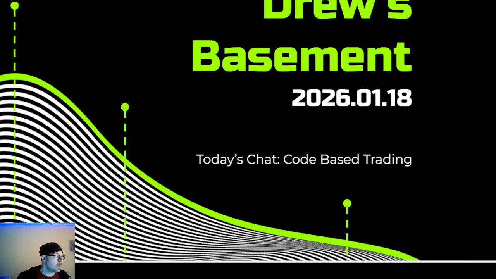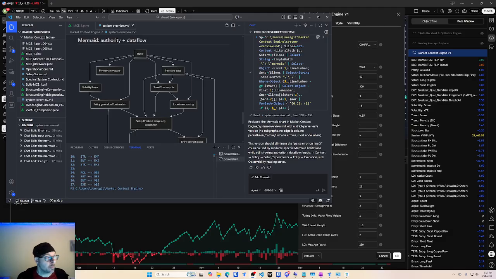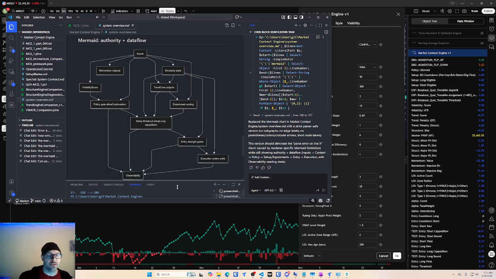With that being said, we're going to jump over to my main desktop, and I've got here in the main pane a general workflow. Like I said, I've been working in code pretty heavily for the last couple of months.